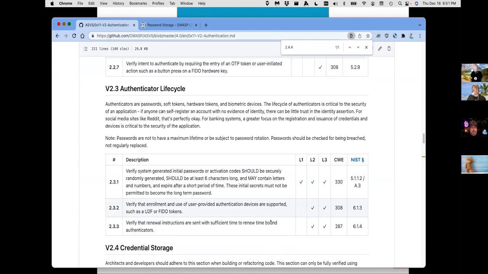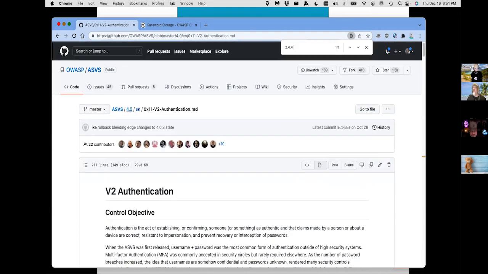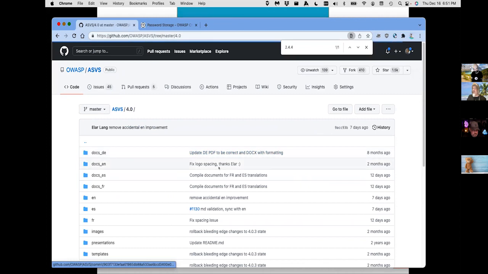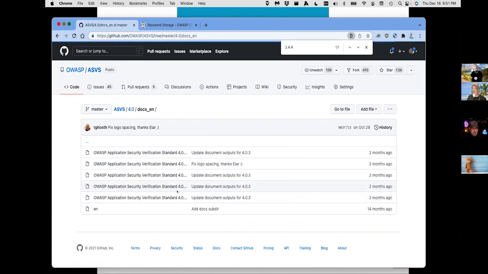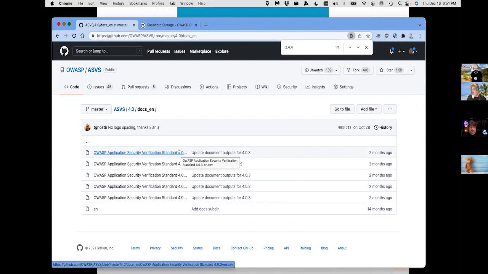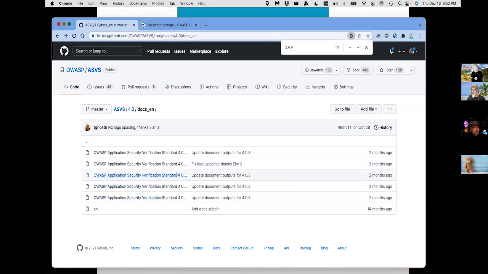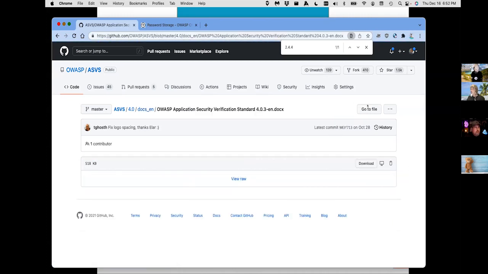So if we go to, I believe that's the 4.0.3 doc. So there's docs English, and this is 4.0.3. Yeah, there it is. Let me go to the official PDF actually. So this is JSON, docx. I don't know where the PDF is. Let me go grab the docx, go to file.